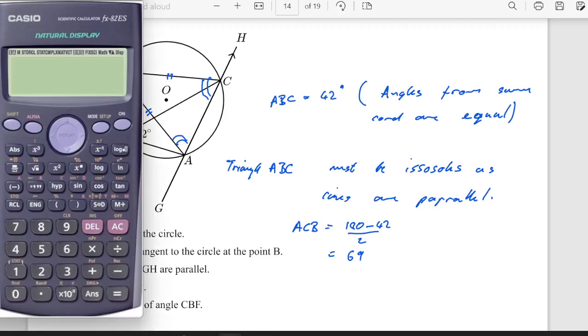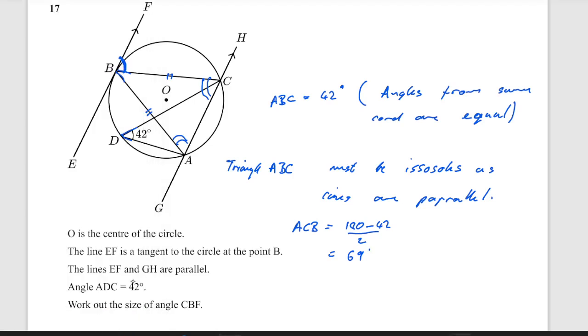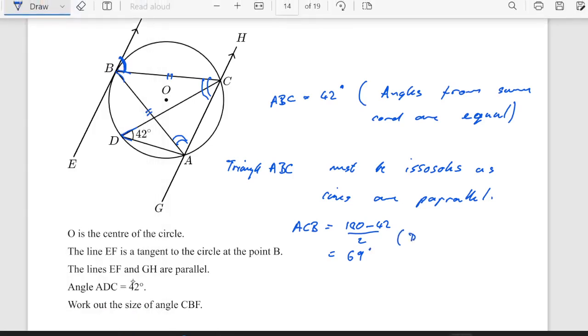Let's just double check. 180 minus 42, so there we go. 138 divided by 2 is 69. And the reason is they're base angles of an isosceles triangle.